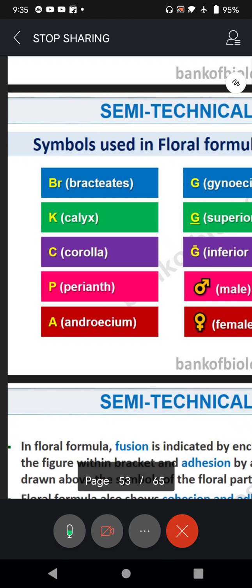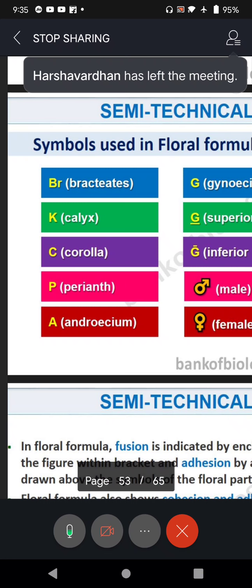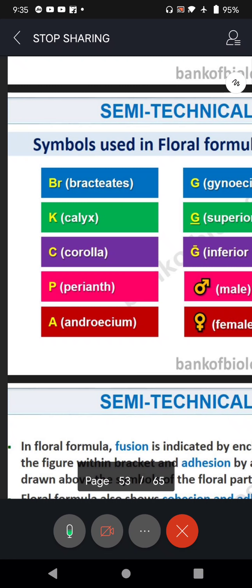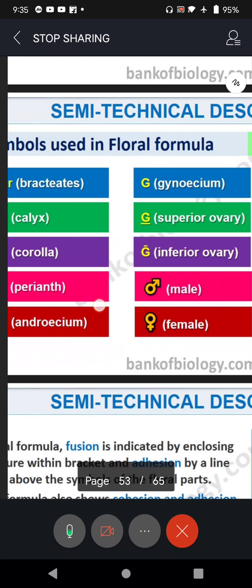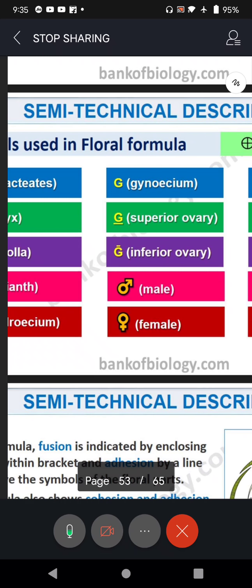Next, A for androecium, male reproductive system. We said any flower that has got androecium alone is called male flower, and we gave the technical word staminate flower. On the other hand, we write G for gynoecium.